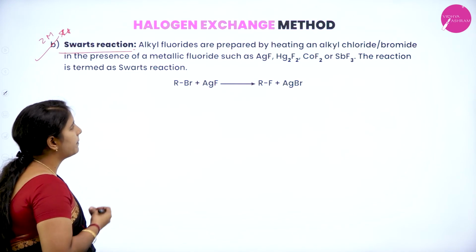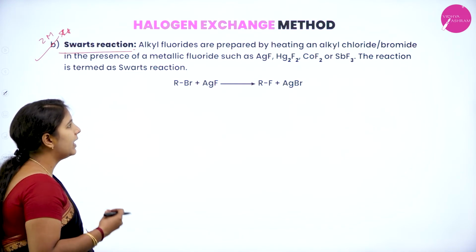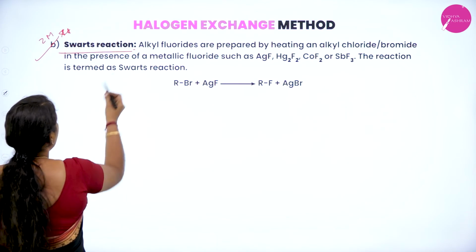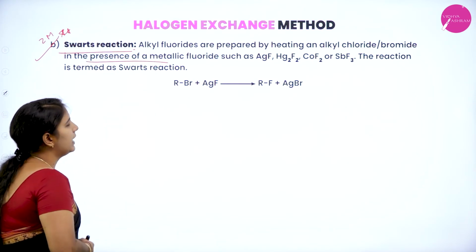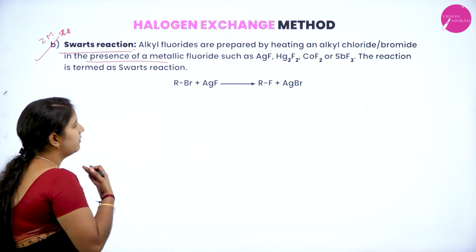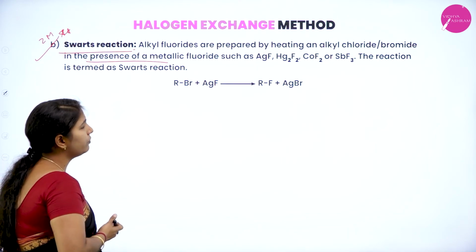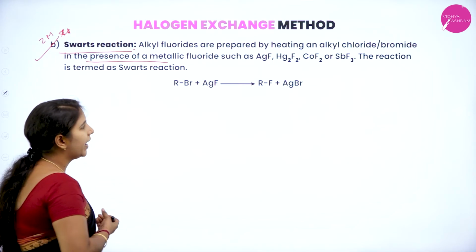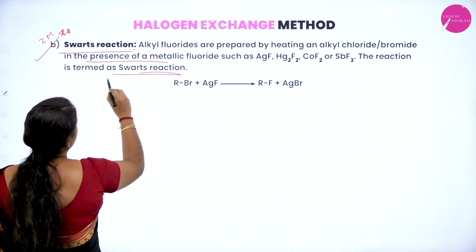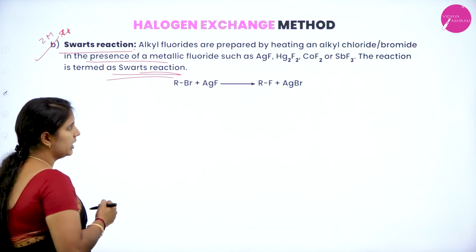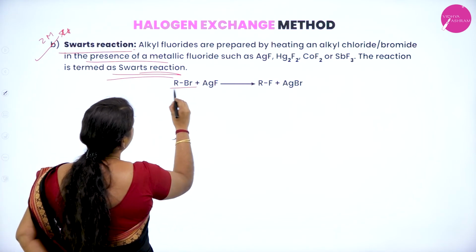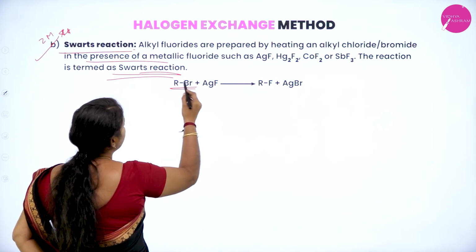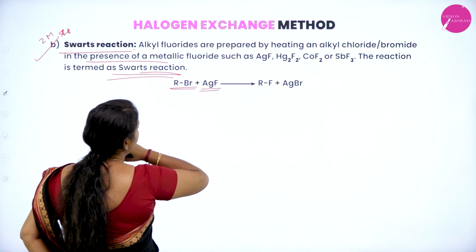Alkyl fluorides are prepared by heating an alkyl chloride or bromide in presence of metallic fluorides such as silver fluoride, mercury fluoride, cobalt fluoride or SbF3, and the reaction is known as the Swarts reaction.